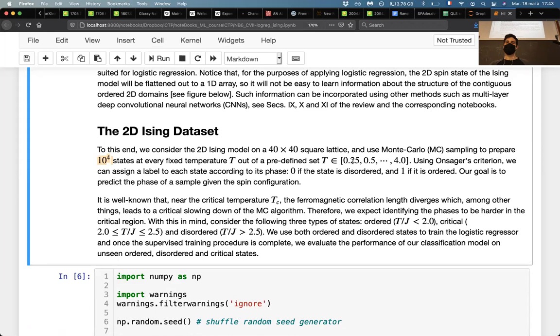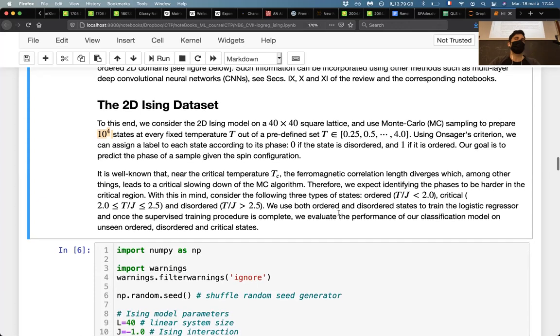That will be 0.25, 0.5, 0.65, etc. until 4. And according to this temperature being below or above 2.26, we associate to each of these configurations a label which is +1 or 0, or equivalently ordered or disordered, okay?